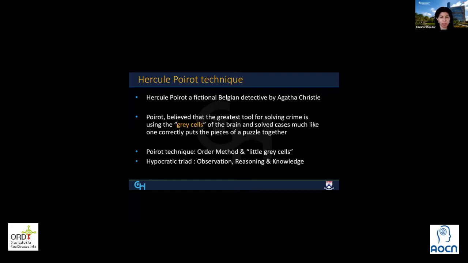Poirot's technique mentions order, method, and the little gray cells. And in medicine, we pretty much follow the same thing: observation, reasoning, and knowledge. And I think this is what we are going to apply to help us arrive at some of these challenging diagnoses.